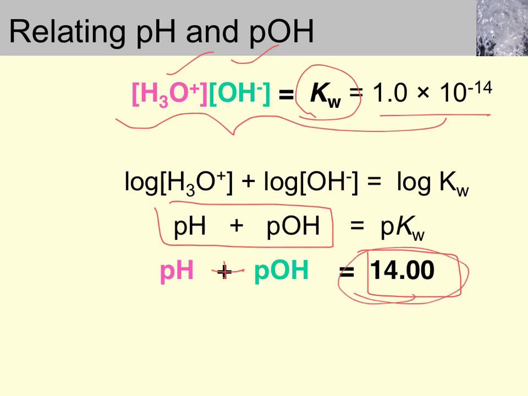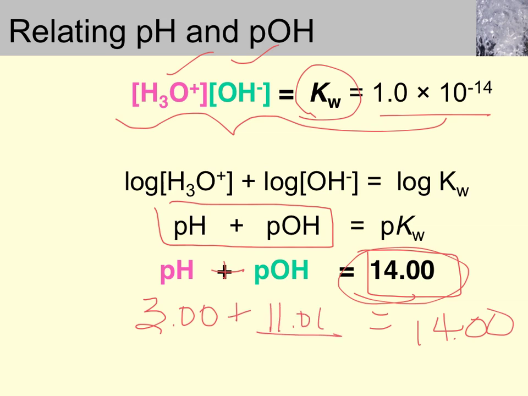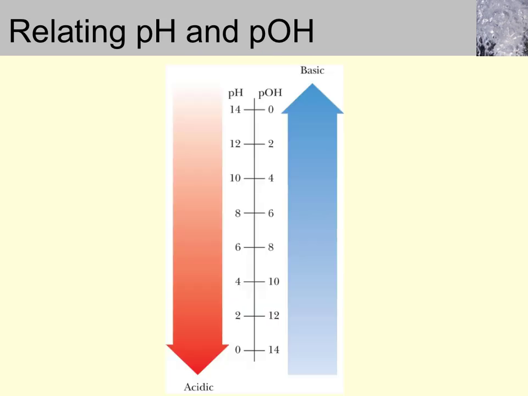So if you know the pH value, let's say we have a pH of 3, you automatically know the pOH value because it would have to be a number that adds with the 3 to give you 14. So that's just a cool little relationship. Here's a visual of the same thing, and if you look at pH and pOH, they always add together to give you 14.